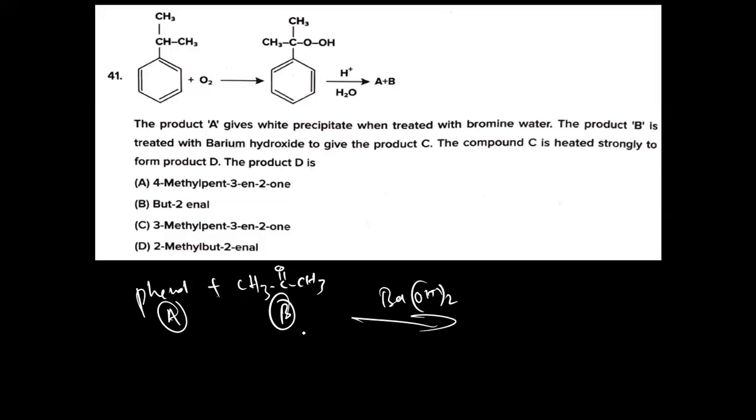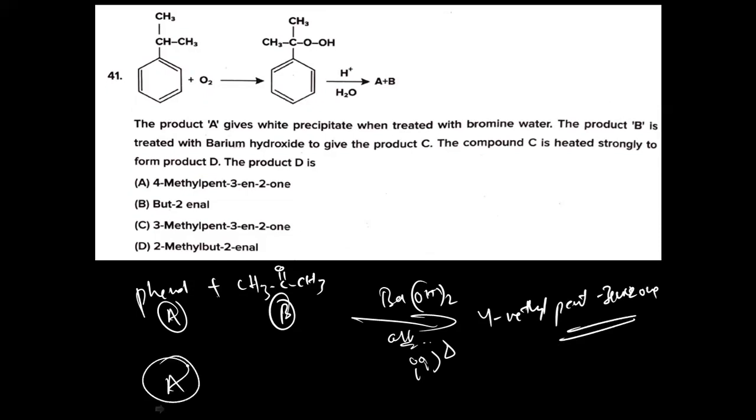That is product B, acetone, treated with barium hydroxide, which undergoes aldol condensation followed by heating. Directly it gives 4-methylpent-3-en-2-one, because it has a ketonic group. So our option is A, 4-methylpent-3-en-2-one.